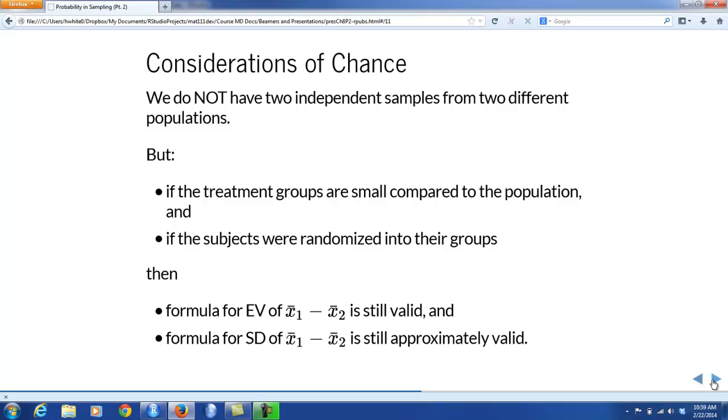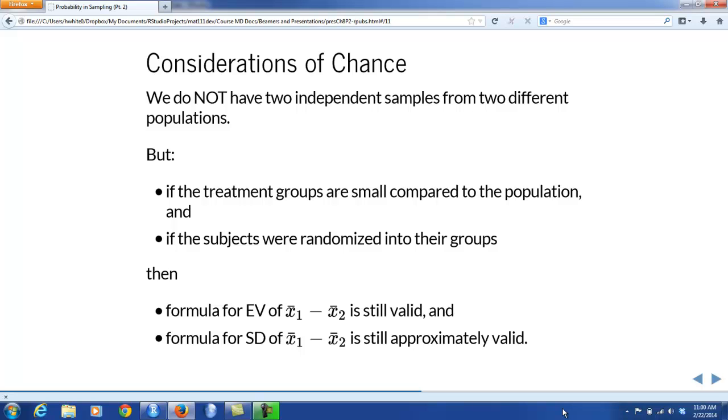And once you know that someone has gotten into, let us say, the Australia anchor group, you know that person won't be in the United States treatment group. And so there's a certain lack of independence in the two samples. But statistical theory shows that if the treatment groups are relatively small compared to the population from which they're drawn, and if the subjects really were randomized into their groups, then the standard probability still works.